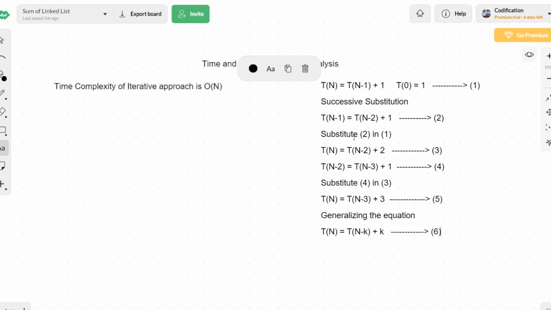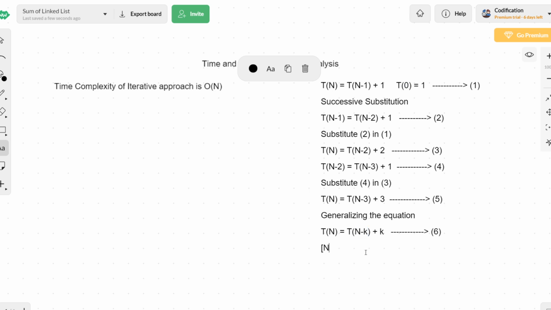Now this keeps on going, that is k value 1, 2, 3, 4. So n minus 1, n minus 2, n minus 3, minus 4, minus 5 keeps on going. Where is the end point of it? When will this process stop? When you have no node left, which means that the argument has to become 0. When will this argument become 0?